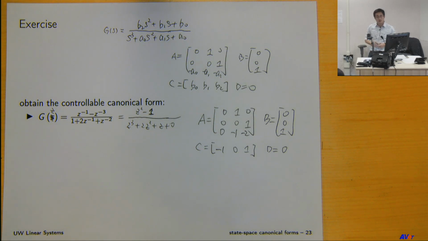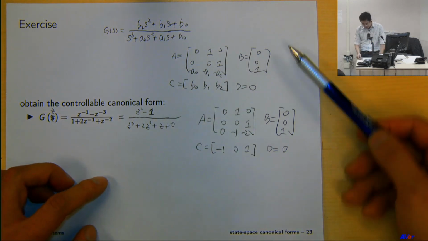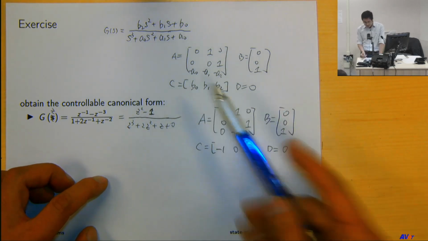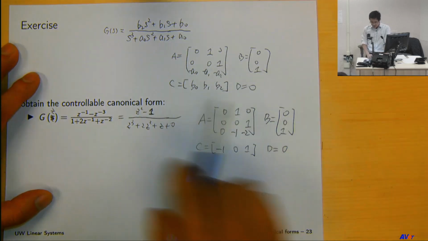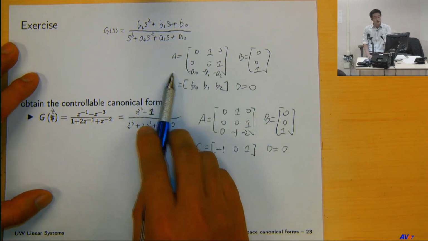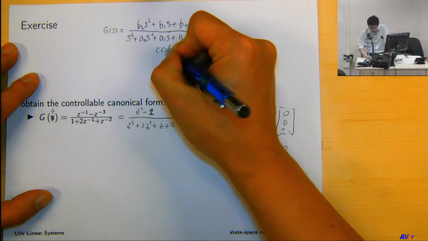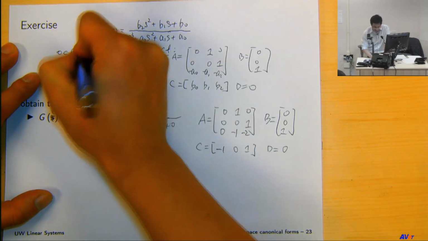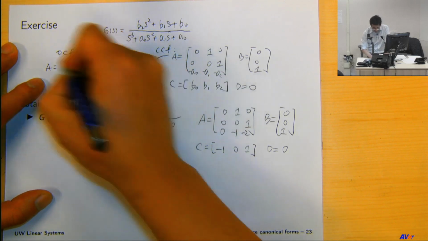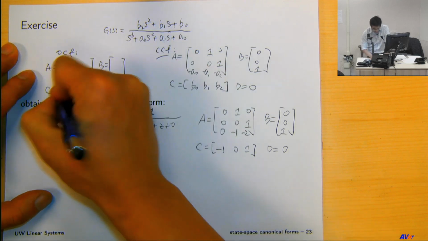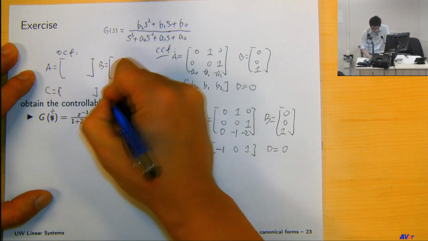All right? If you practice a little bit more times, then you will find the structures actually make sense. So what did we talk about? Let's do a comparison. What is the observable canonical form for this transfer function? So this is controllable canonical form, observable canonical form, A, B, C, D. D is 0.